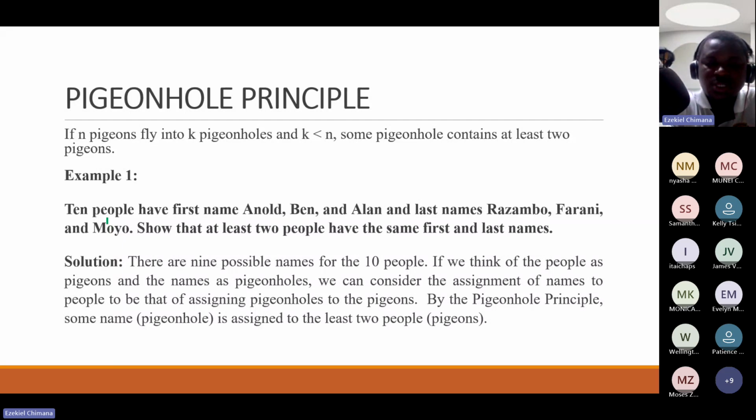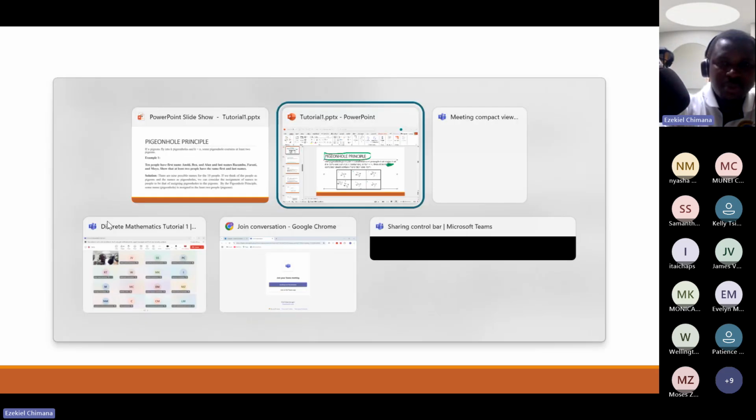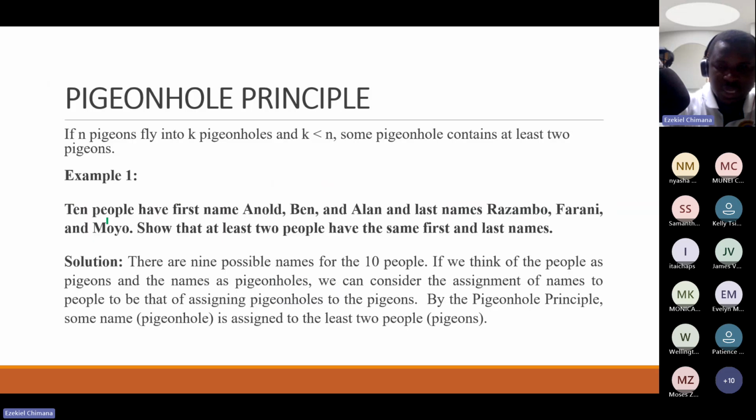What are the pigeonholes? The pigeonholes are the names, because we want to assign people to these names. So we need to add these people to names, right? And after that, we can see that there is going to be at least 2 people who are going to have the same name. How is this possible?